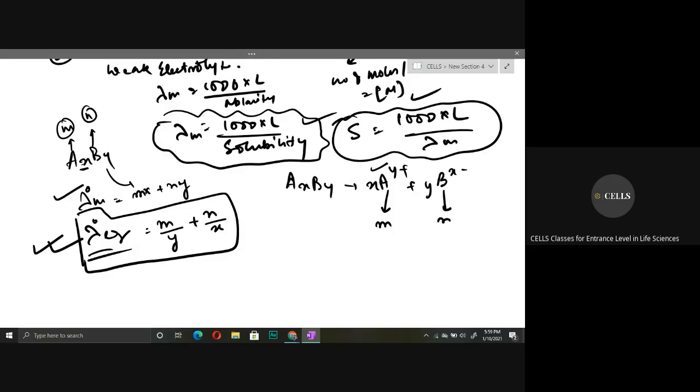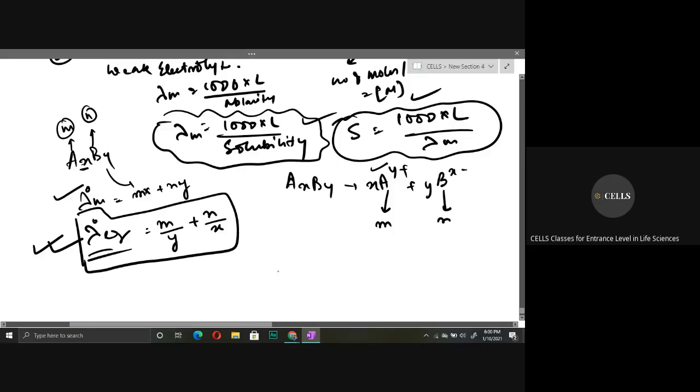So if they give you a question with an ion A2B3, and the conductances are suppose 10 and 20, then lambda m will be 2 into 10 plus 3 into 20, so 20 plus 60, that is 80.